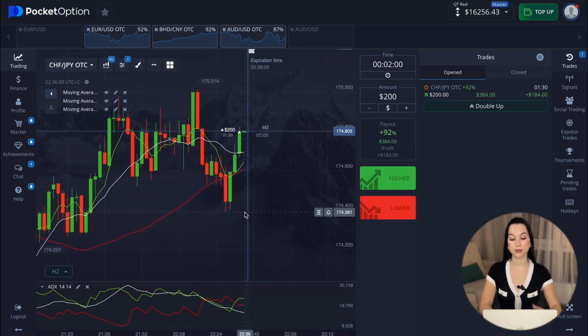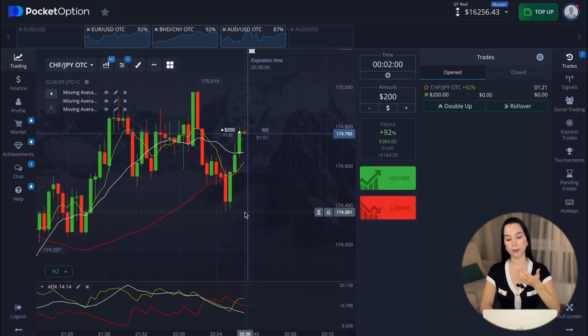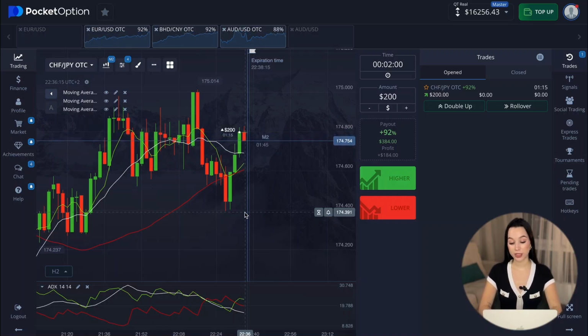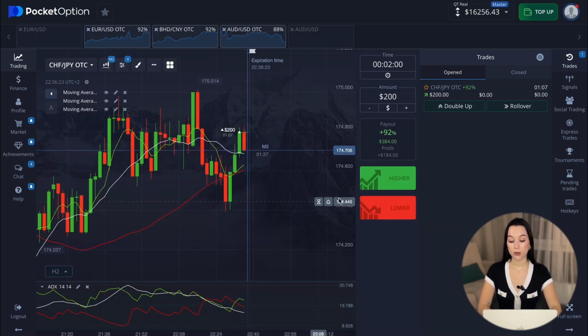The two lines of moving average, the white line and the green line, intersect each other and go up in the same direction. So it could mean that our chart will go higher. And also the green line of the ADX indicator is above the red line of the ADX indicator, so it could mean that our chart will also grow.